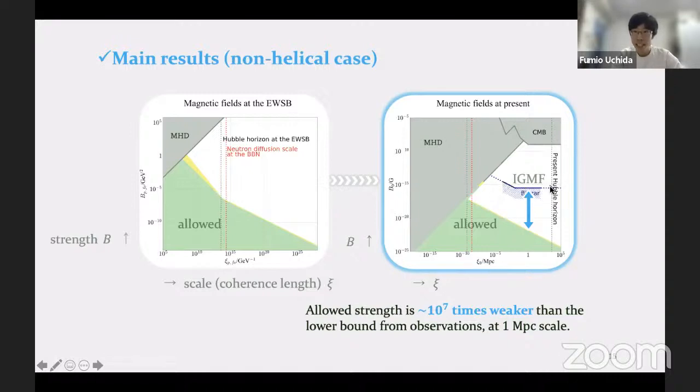Here is the lower bound from observation, and here is the allowed maximum. So the difference is 10 to the 7 times at the scale of 1 megaparsec. These results are for non-helical magnetic fields, but qualitatively the same for helical magnetic fields.